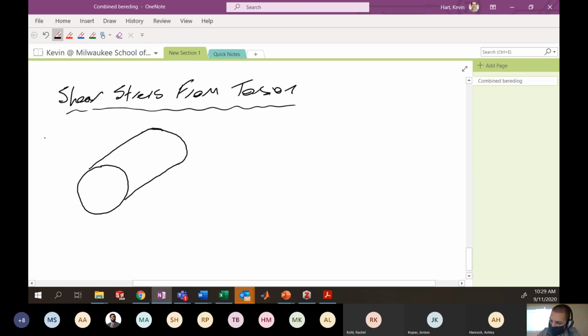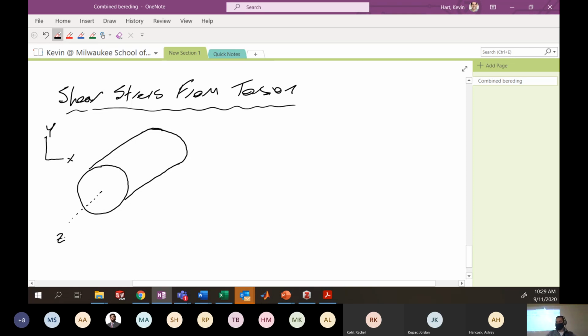Okay, give ourselves a coordinate system, X, Y. And let's talk about the last application of load that we could have, and that is the torque. So we have some z-axis coming off the way here.